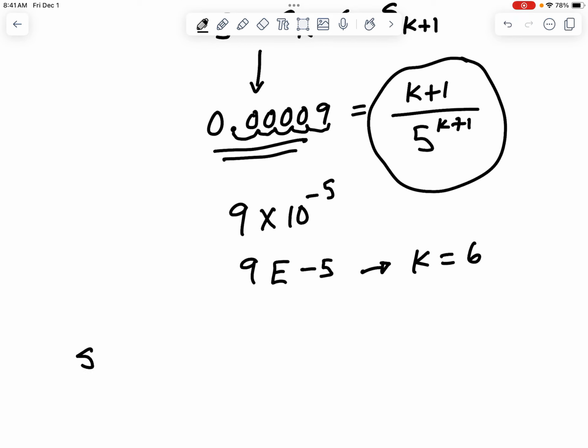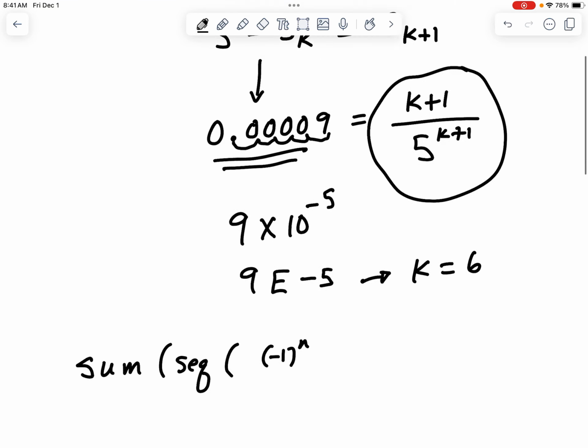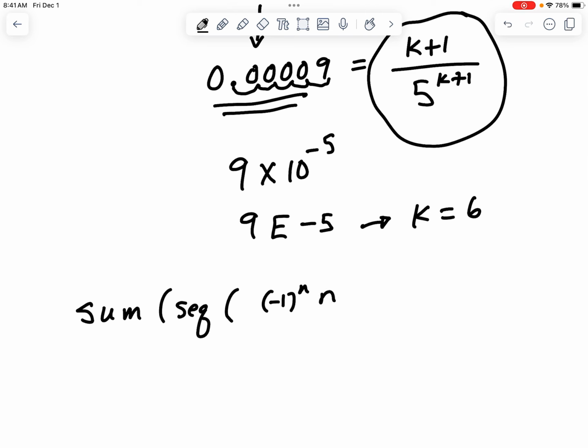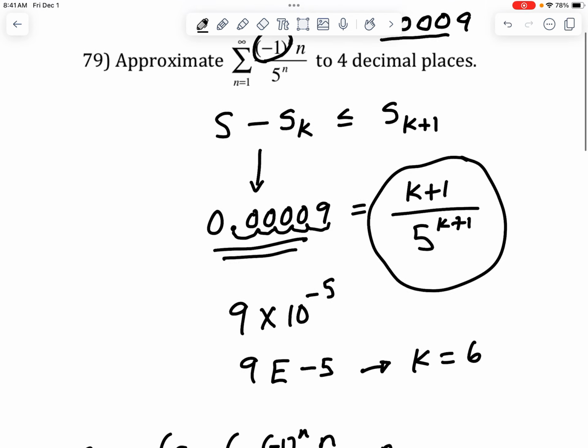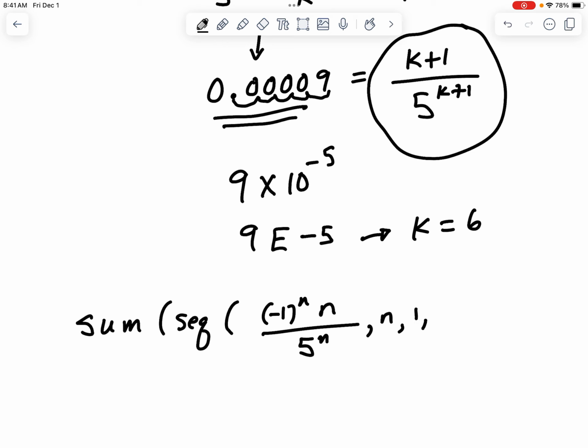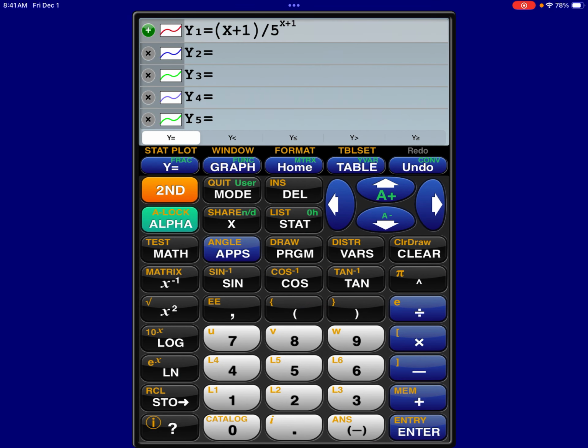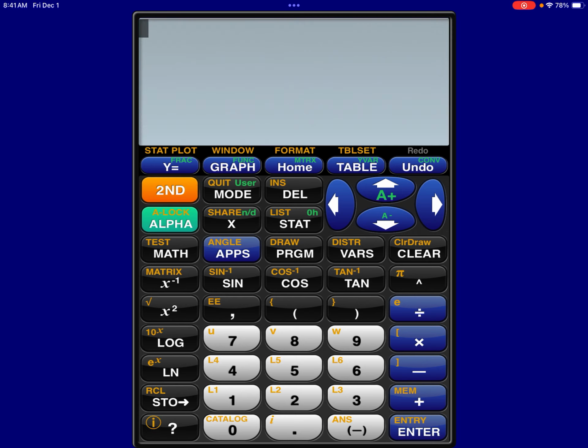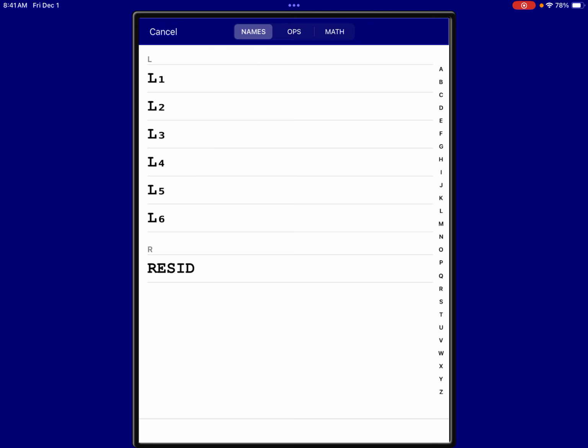So then we need to do the sum of the sequence, and it's alternating, so -1 to the n, and then it was just an n on top and a 5 to the n on bottom, and then the directions say start at 1, so go from 1 to 6 in increments of 1. And so go to the home screen and list.